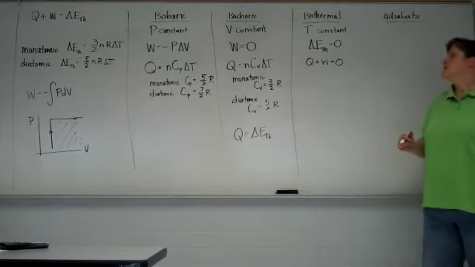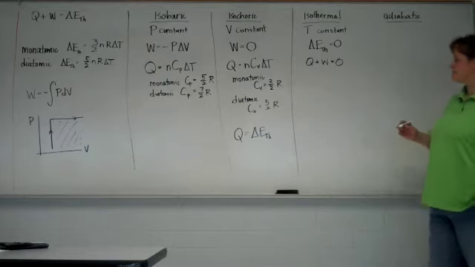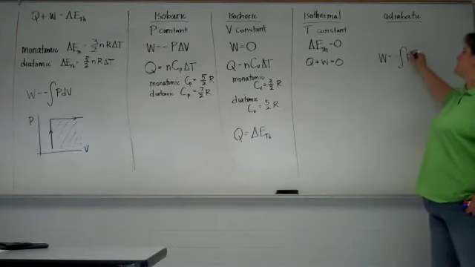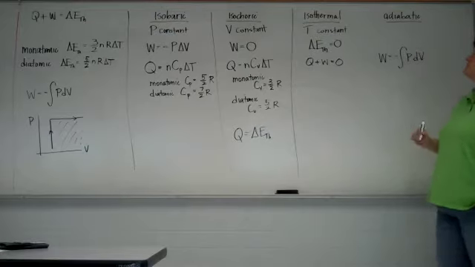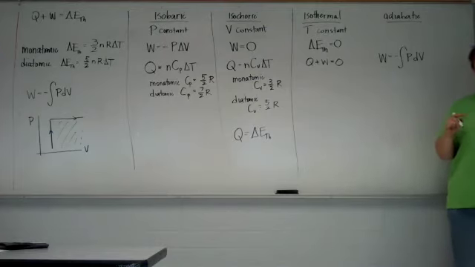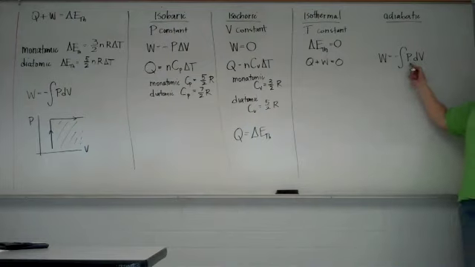Now the work term. Work is the negative integral of pressure with respect to volume. In an isothermal process, if the pressure changes, the volume also changes, and vice versa. Temperature is staying constant. So we need to actually integrate here.